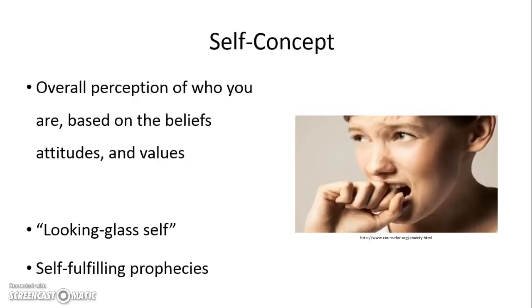This brings us to our next idea, the looking glass self. So, a part of you will always see yourself through the way that others see you. You have this idea that other people see you in this one way. And in turn, that becomes a part of your self-concept.